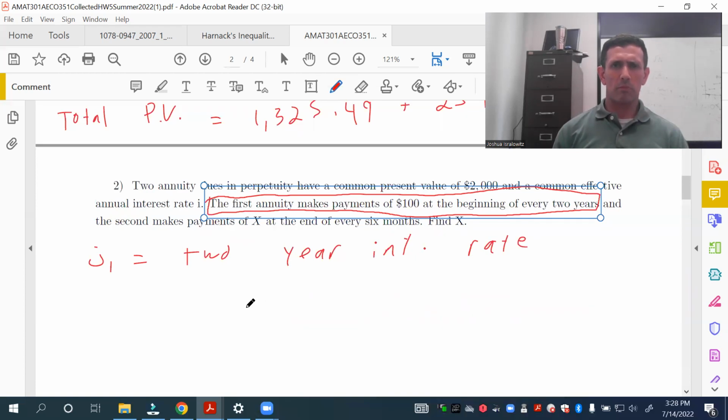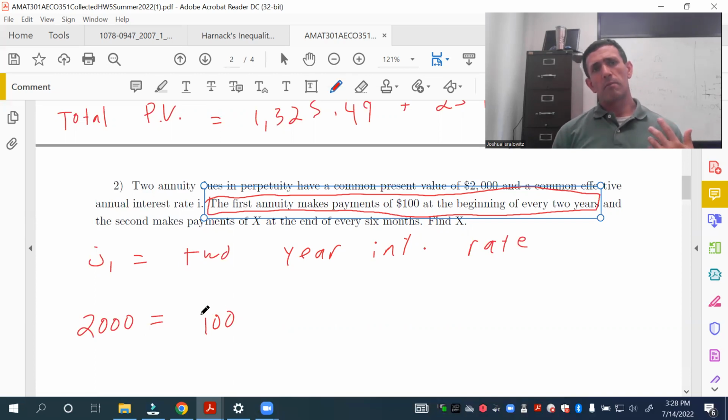You don't really need to draw a time diagram because we're saying 2,000 is the present value of an annuity due that makes payments of 100 at the beginning of every 2 years. J1 is the 2-year interest rate, so it's 1 plus J1 over J1.